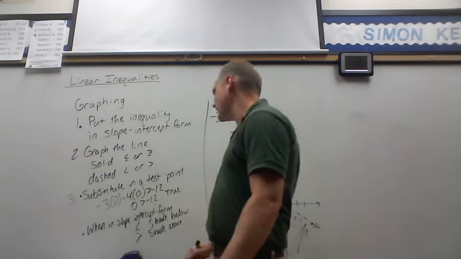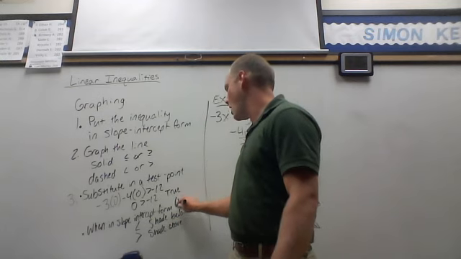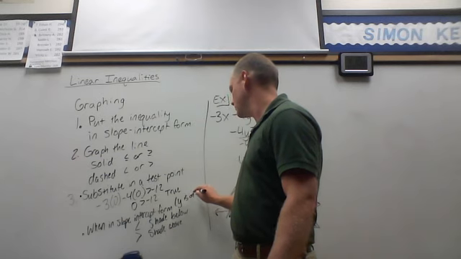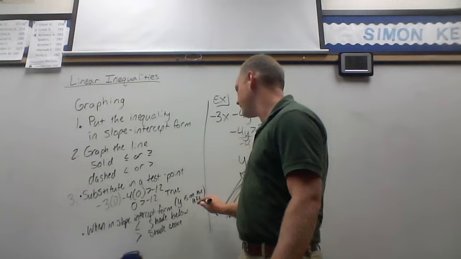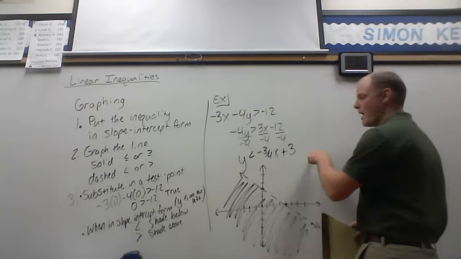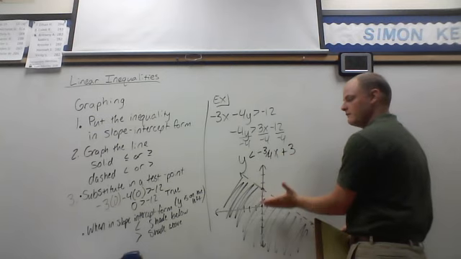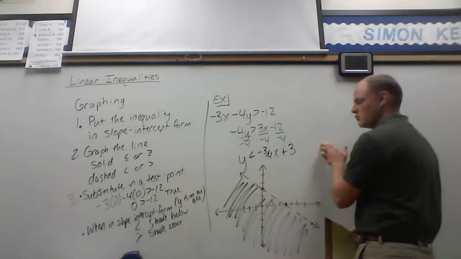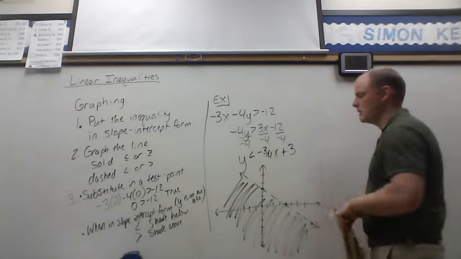And one thing that you have to be careful about is the y is on the left. If the y is on the right, then it's the total opposite. If I said y is greater than all of this stuff, then I would shade above. Here's an example.